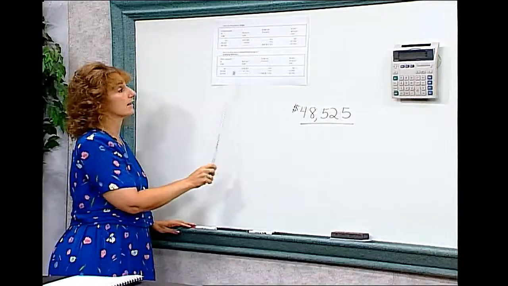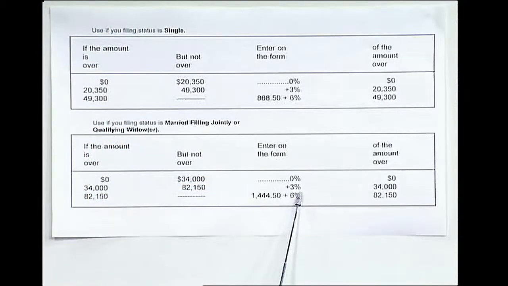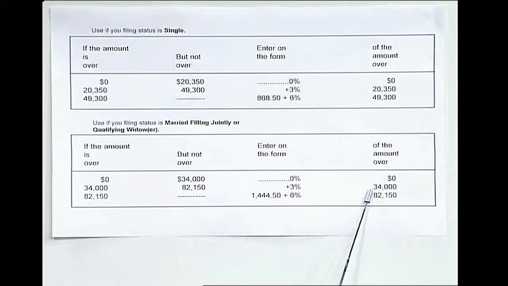So the second line is the line we have to use. And if we follow across, they have to pay 3% of the amount over $34,000. So now we need to figure how much over $34,000 they made and what is 3% of that.